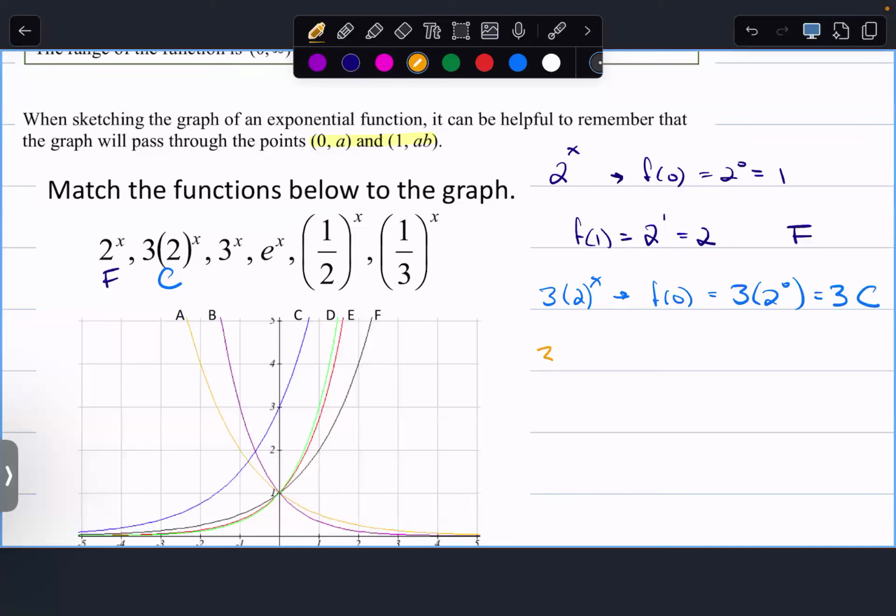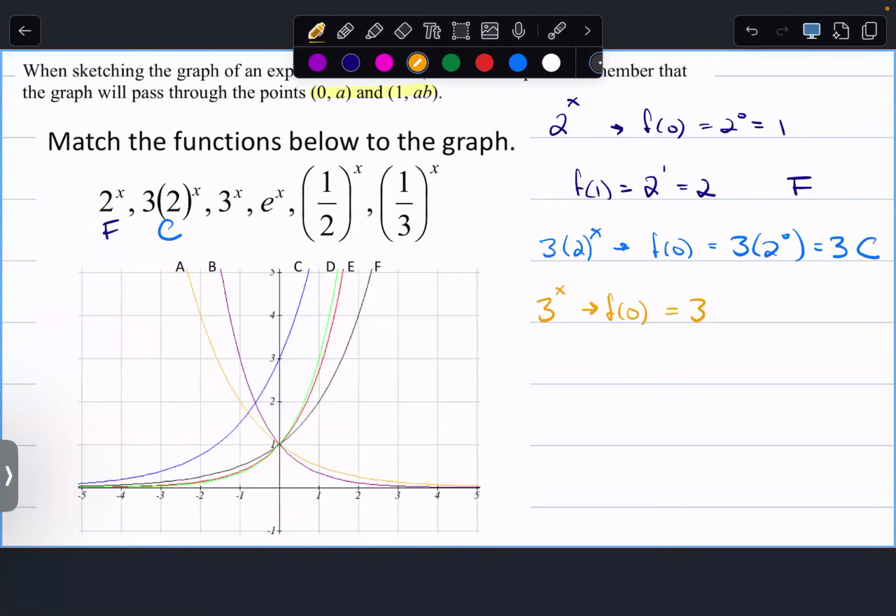How about 3 to the power of x? Let's find f of 0. 3 to the power of 0 is 1. Okay, that's not very helpful. Again, it's one of these clusters, except for F. We've already used F. But we still have A, B, D, E to choose from.